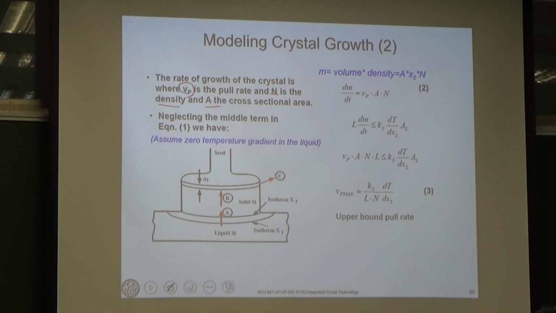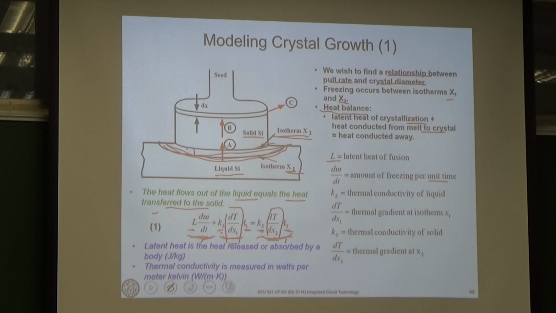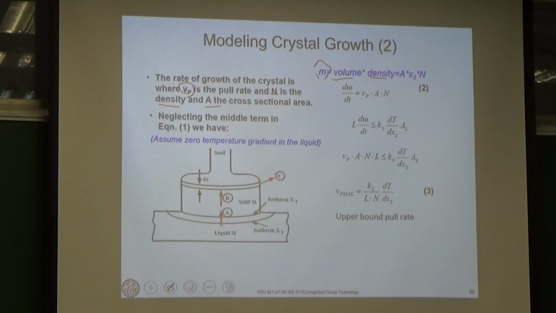So the mass M equals your volume times your density. In the previous equation we have how much silicon begins to freeze out and become solid. So this dm/dt can be written as volume times density.